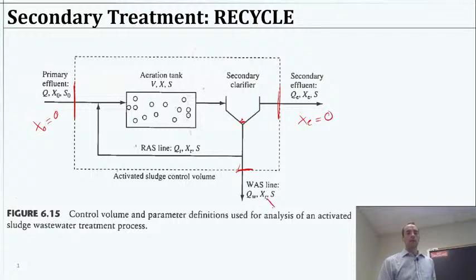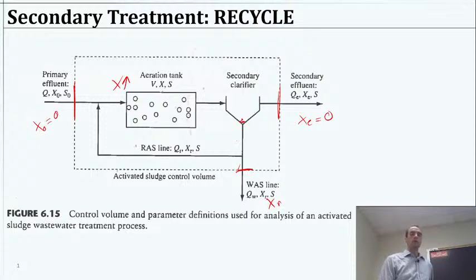So then this X waste or recycle, I guess it's labeled as recycle, it's the same amount, right? Same difference. We do have an X there, and that's because we are growing X inside, right? If X is increasing inside, and yet we keep the entire system at steady state, well, we have to be removing X somewhere, right?